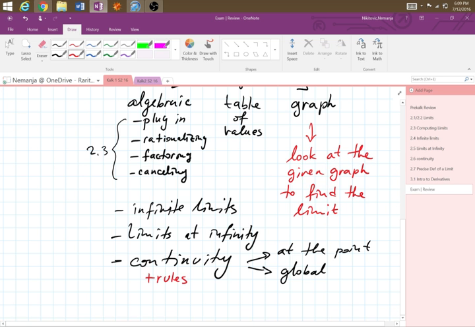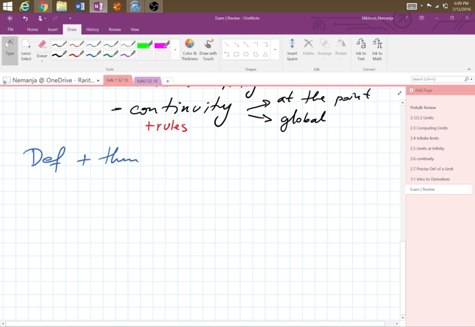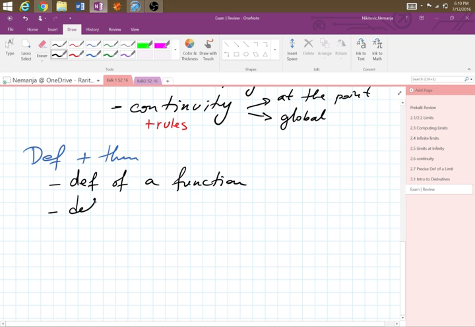Now, in terms of definitions plus theorems, what are the things that you need to know? We start with the definition of a limit. That's 2.7. Remember that?